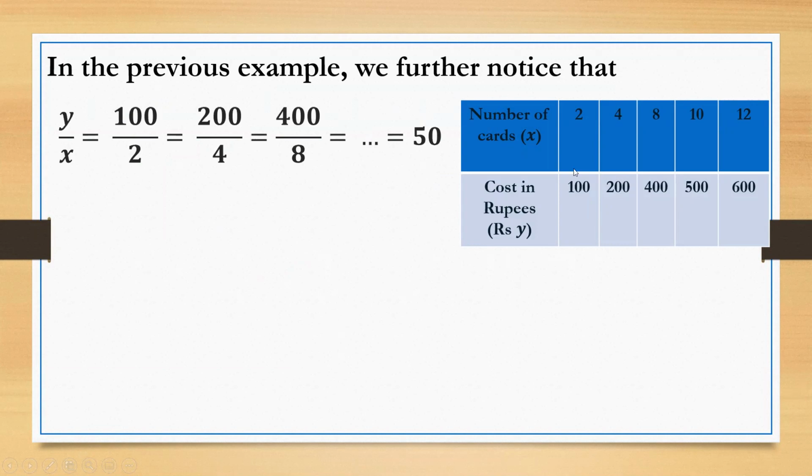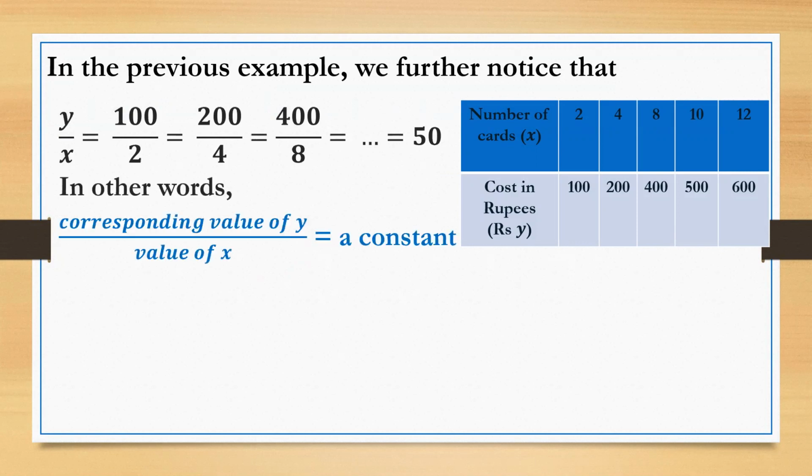In fact, for all the different values of x and their corresponding values of y, y over x will give me 50. In other words, we say that the corresponding value of y over the value of x is equal to a constant. And here the constant is 50.